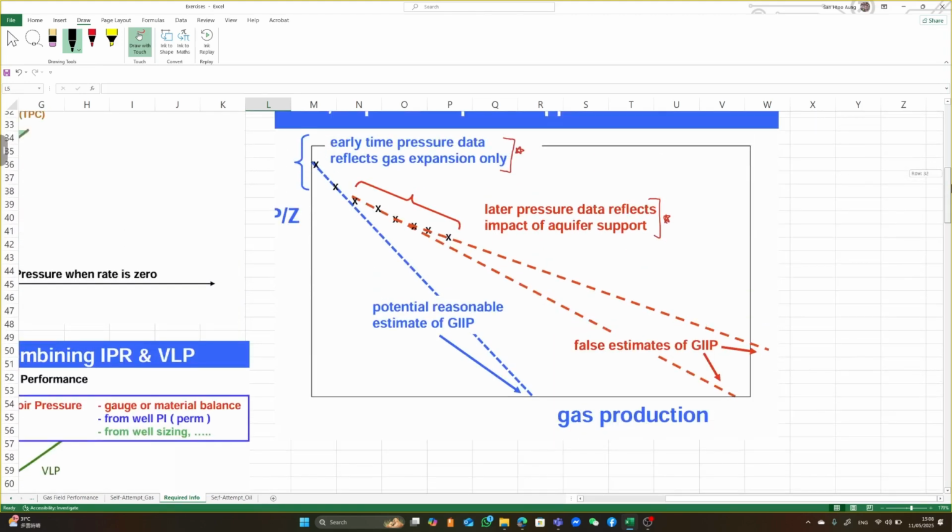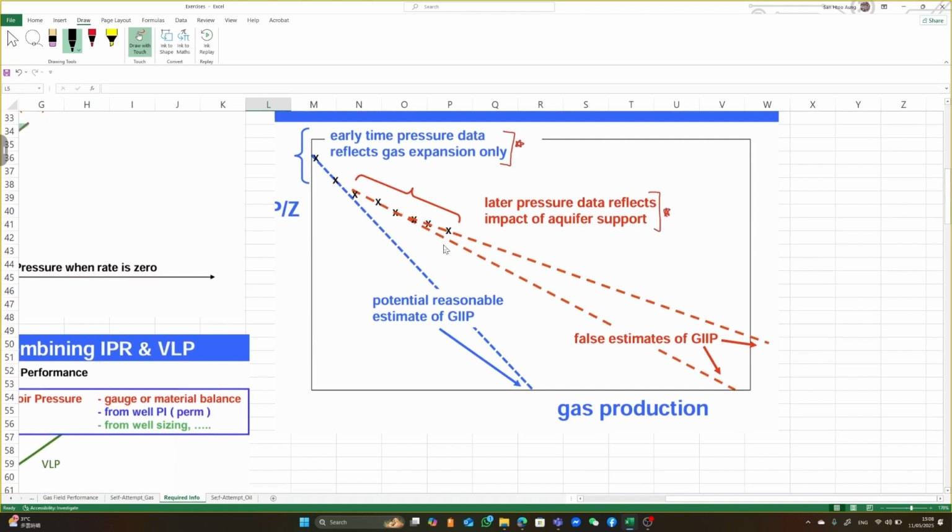Only in that way will we be able to predict a reasonable estimate of gas initially in place. Even then, this is not very accurate, right? So we can use the material balance approach and other factors such as subsurface computational software like Petrel to estimate how much gas initially in place, and we can compare, contrast, and come out with the uncertainty range of our gas initially in place estimation.